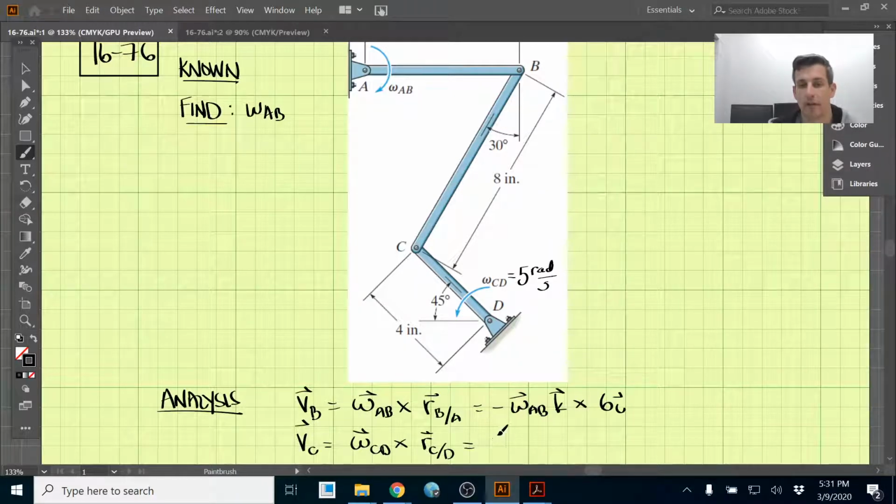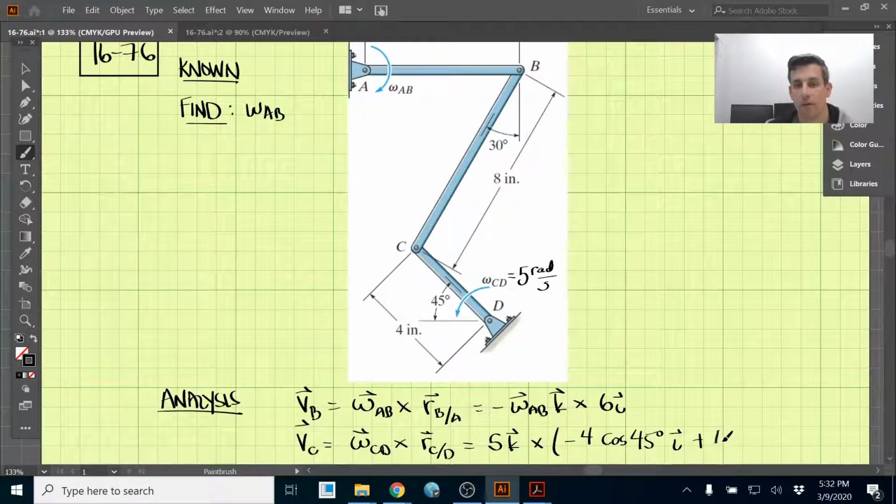So we have 5k, that's omega CD, 5k cross the vector from D to C. All right, so in the i direction, or the x direction here, we have negative 4 cosine 45 degrees in the i direction, and then in the y direction here we have 4 sine 45 degrees in the j direction. Okay.